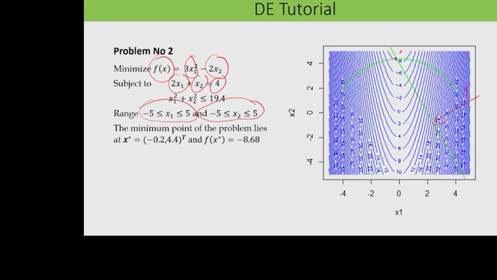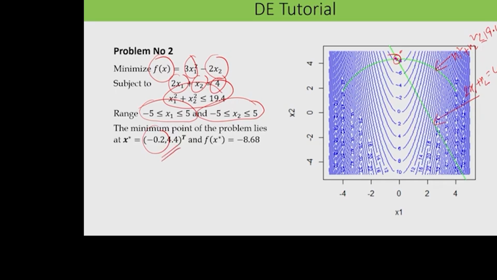And we have one nonlinear constraint, that is x1 squared plus x2 squared less than or equal to 19.04. If we solve it, the constrained solution is somewhere here: minus 0.2 and 4.4.